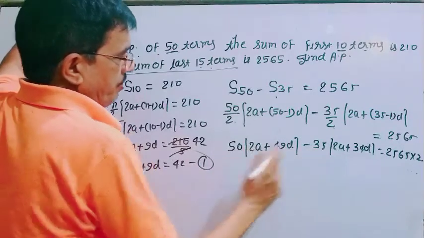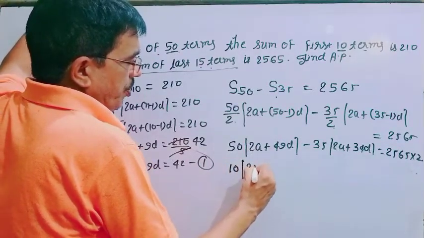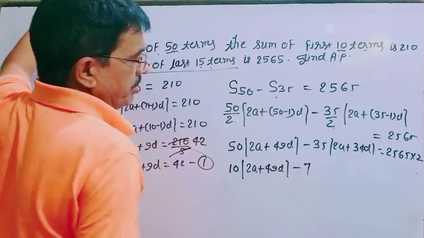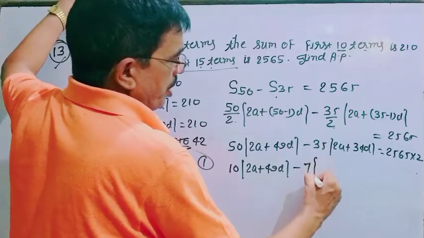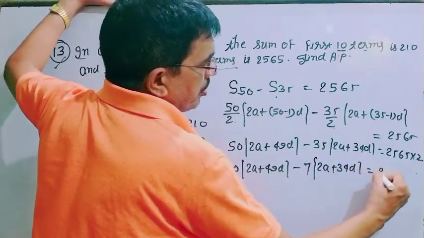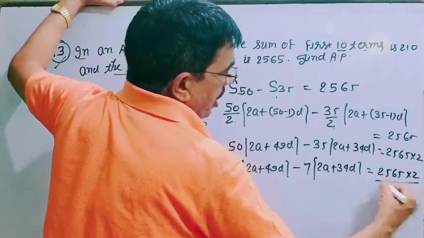Now take common 5. So here 5 common, then it is 10, 2a plus 49d, here 7, and 2a plus 34d is equal to 2565 into 2 by 5.